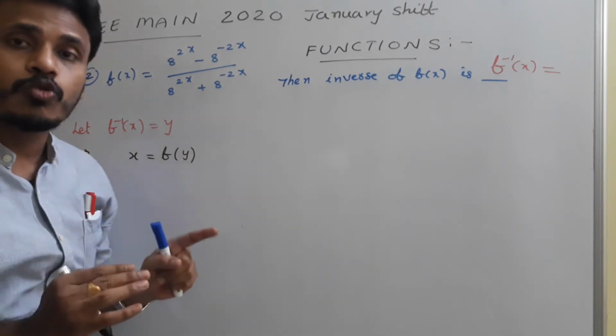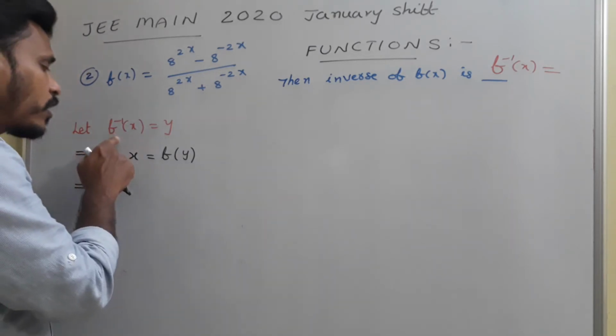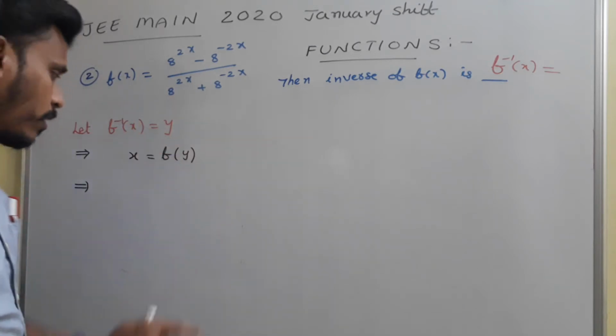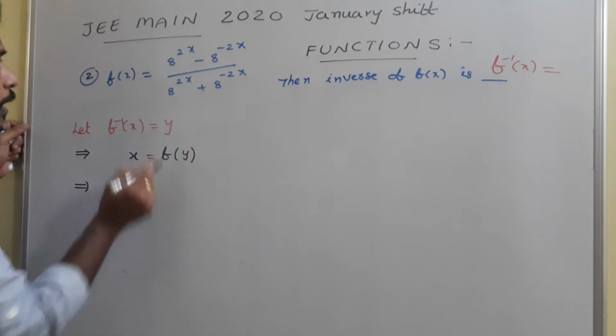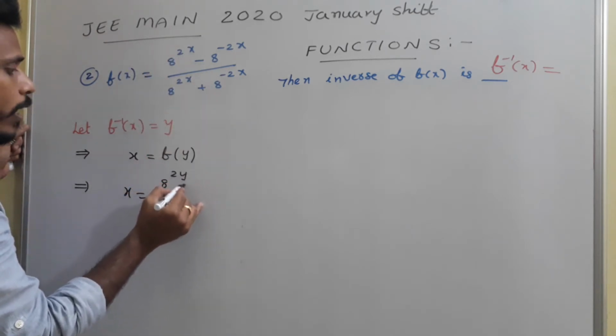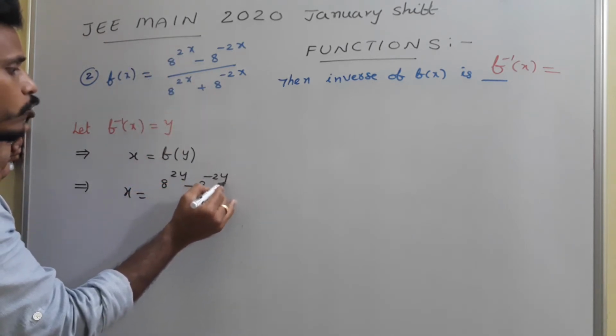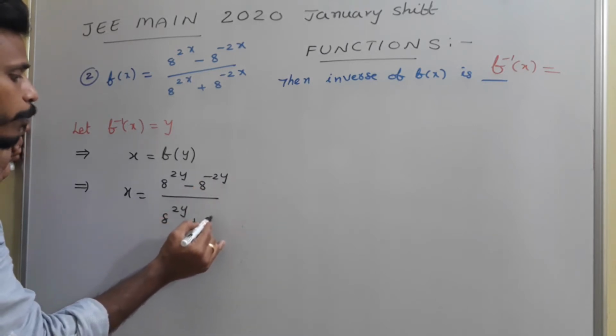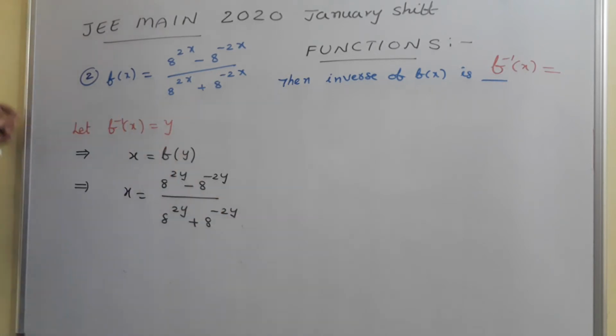See, our intention is to find f inverse of x. So our intention is to find y. So find y in terms of x. For that, x is equal to f of y, which means 8 power 2y minus 8 power minus 2y divided by 8 power 2y plus 8 power minus 2y. We need to get y.